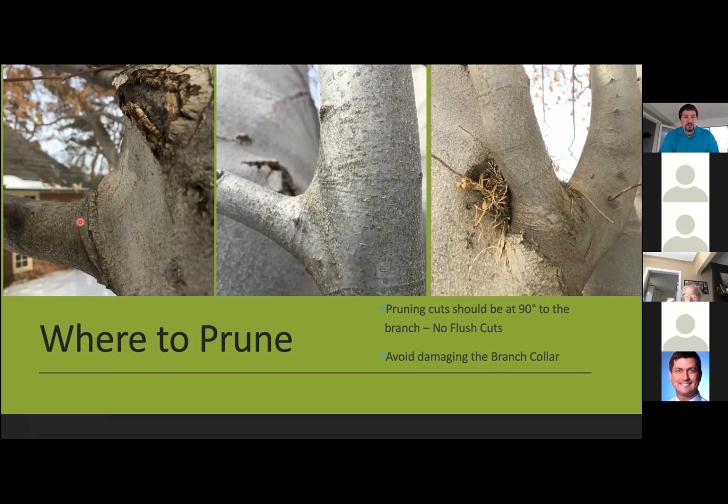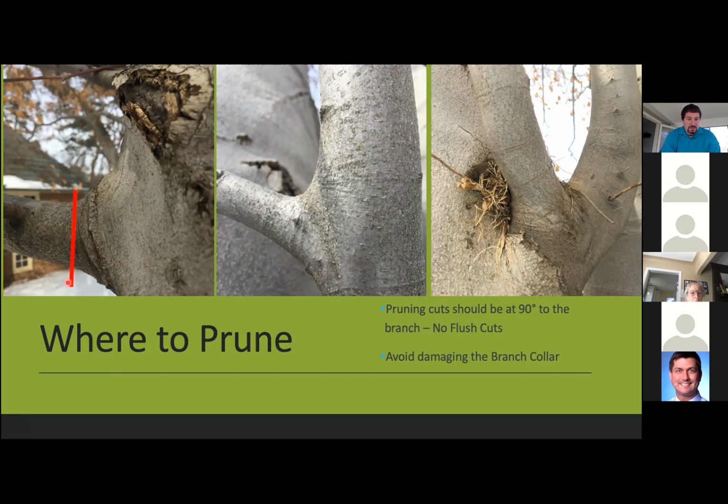So oftentimes, if you were to cut way out here, this tree is going to have to grow all the way out and then over this before it can kind of move past it. So you don't want to leave this big stub, but at the same time, you don't want to impact this branch collar area that is going to be the part that would grow over it.